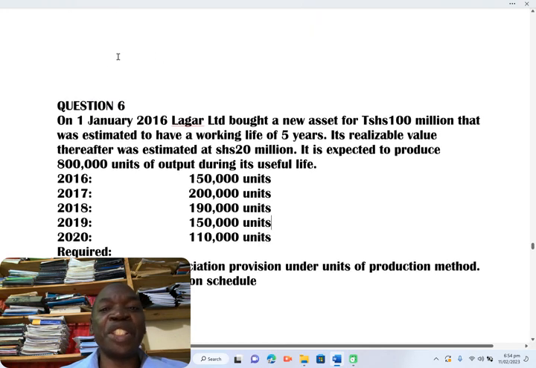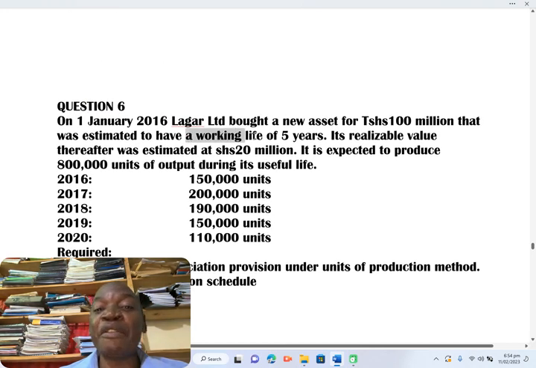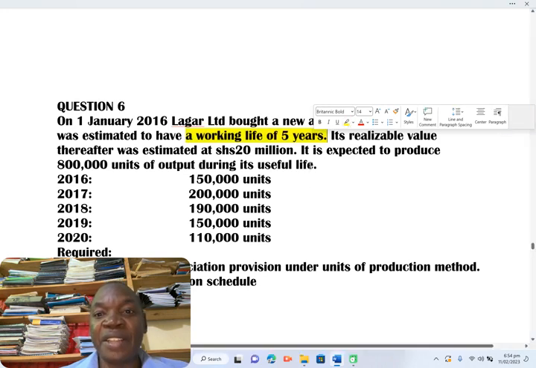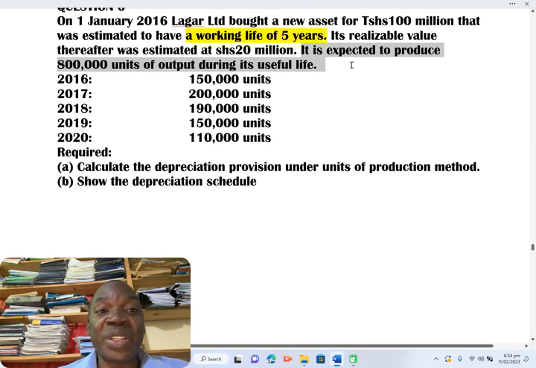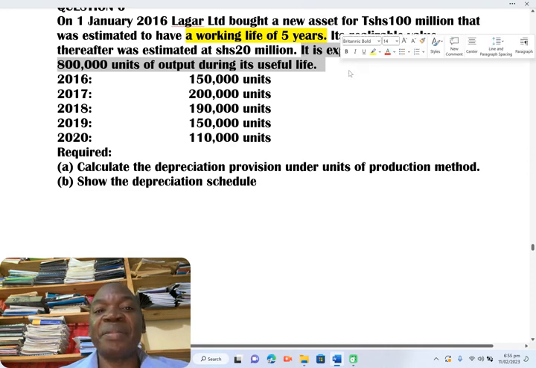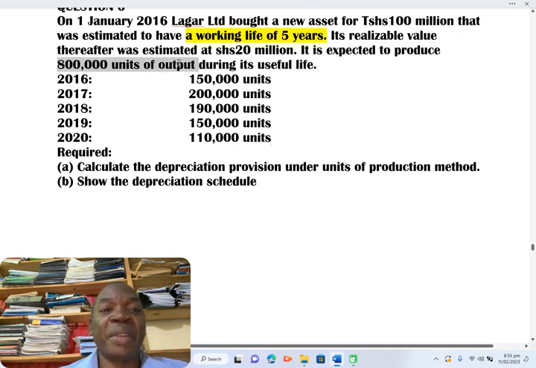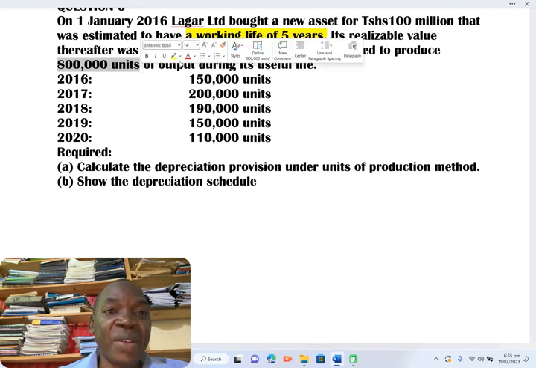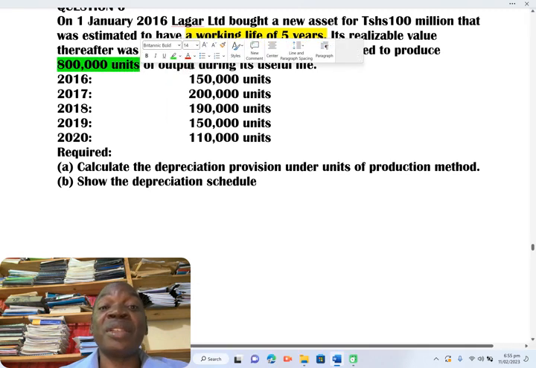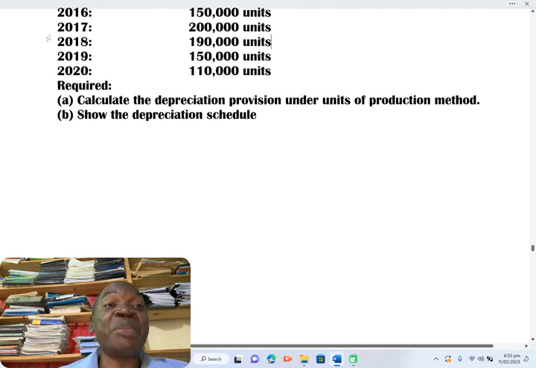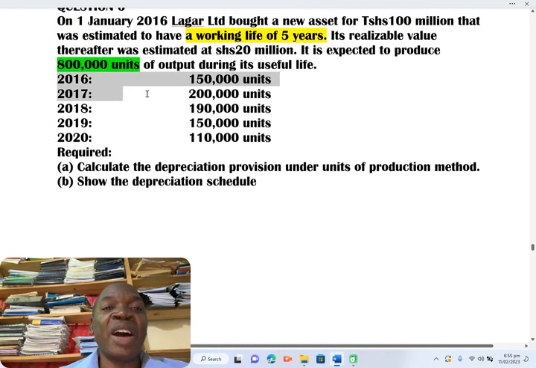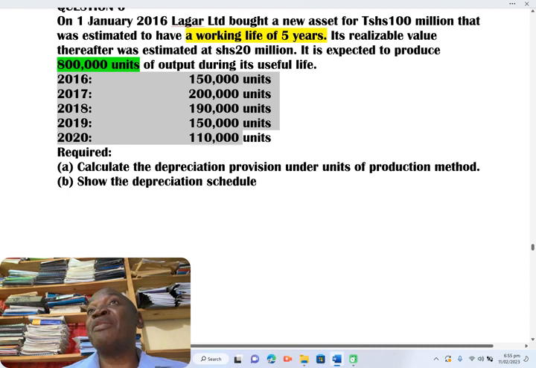Now this machine has a working life of 5 years, and it is expected to produce how many units? 80,000 units of its output in due course. And this has been depicted over how many years? 5 years. Now compute depreciation and show the schedule itself.